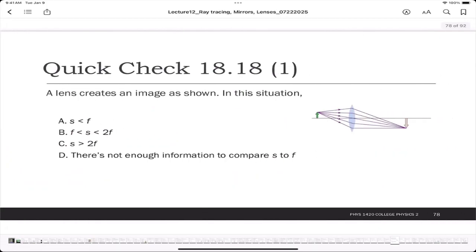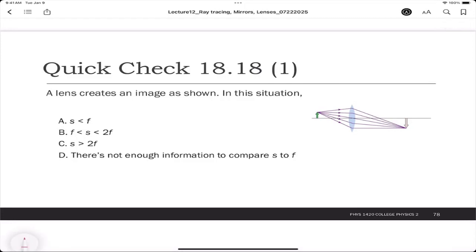Let's talk about this one. A lens creates an image as shown in this situation. What's the relationship between S and the focal length? For this situation, we know S should be greater than the focal length. Does it make sense to you?